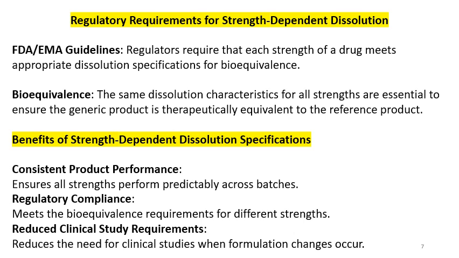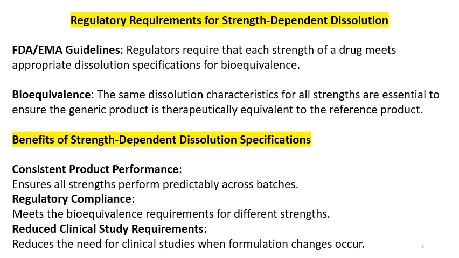It will be very difficult to prove the discriminatory power and also IVIVC for bioequivalence. Considering the bioequivalence, the same dissolution characteristics for all strengths are essential to ensure the generic product is therapeutically equivalent to the reference product. And this is very critical when you go for a biowaiver.